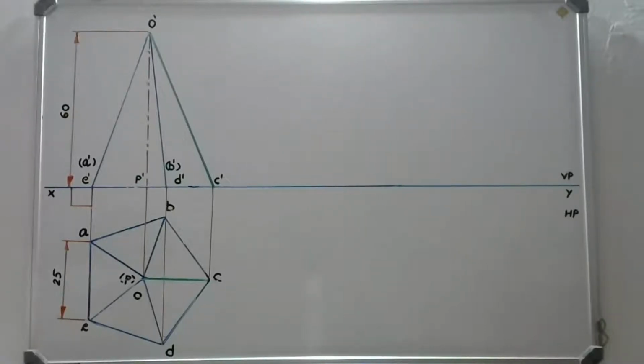Next, we can apply the second condition. The slant edge connecting that base corner is inclined at 45 degree with the horizontal plane. As per our drawing, the slant edge connecting the base corner which is resting on HP is O dash C dash in the front view. So we fix C dash on the horizontal plane, that is on the XY line, and tilt O dash C dash at 45 degree in the front view.